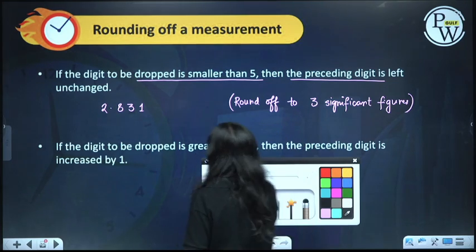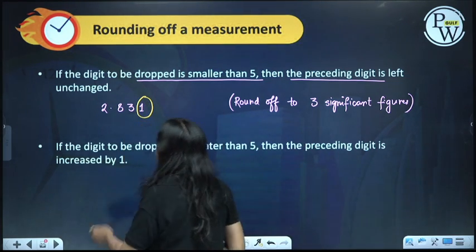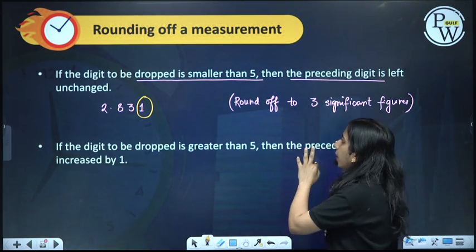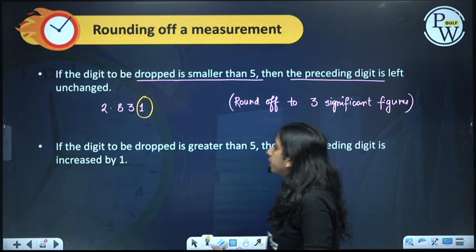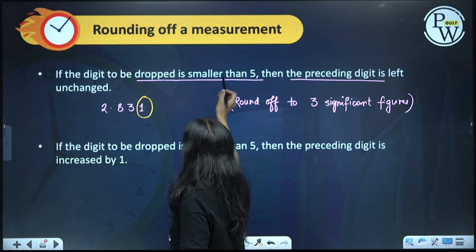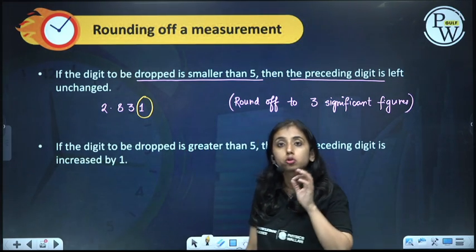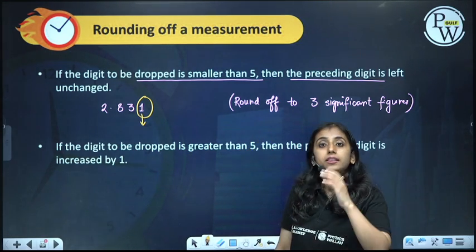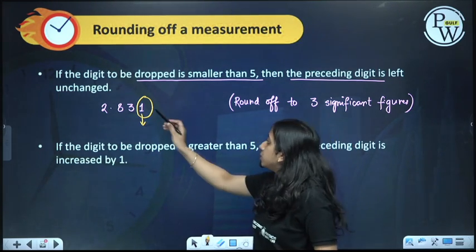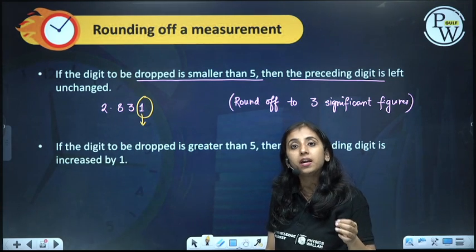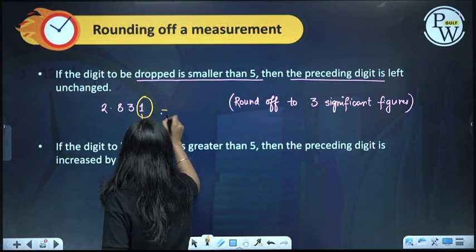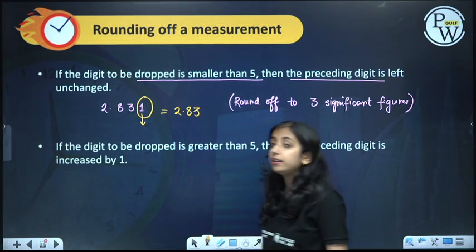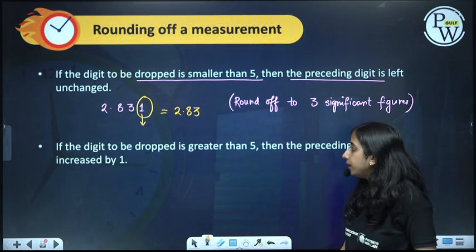So which digit is being dropped? 1 is to be dropped. 283 are the three significant figures. Is the digit to be dropped smaller than 5? Then the preceding digit will remain unchanged. So we will write it as 2.83 only.